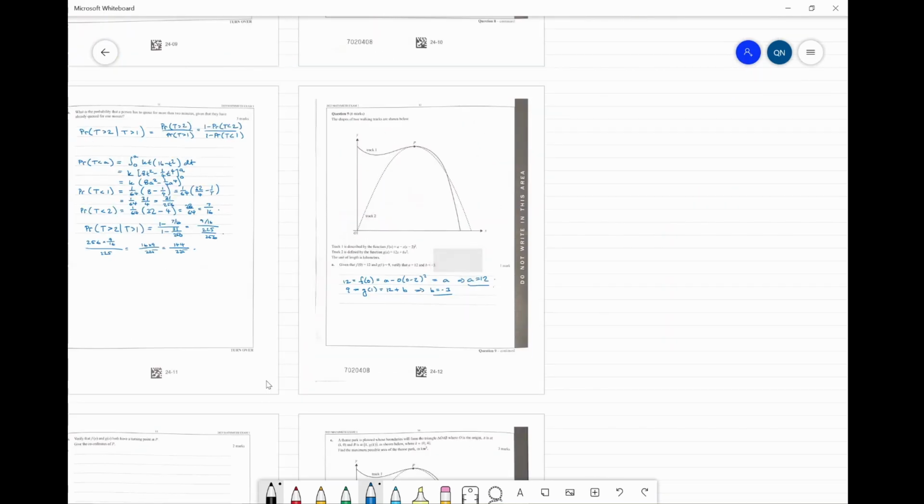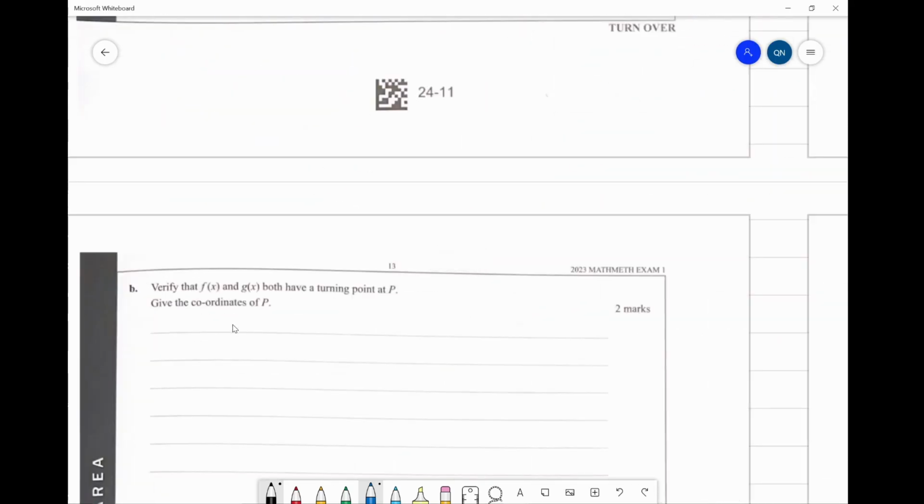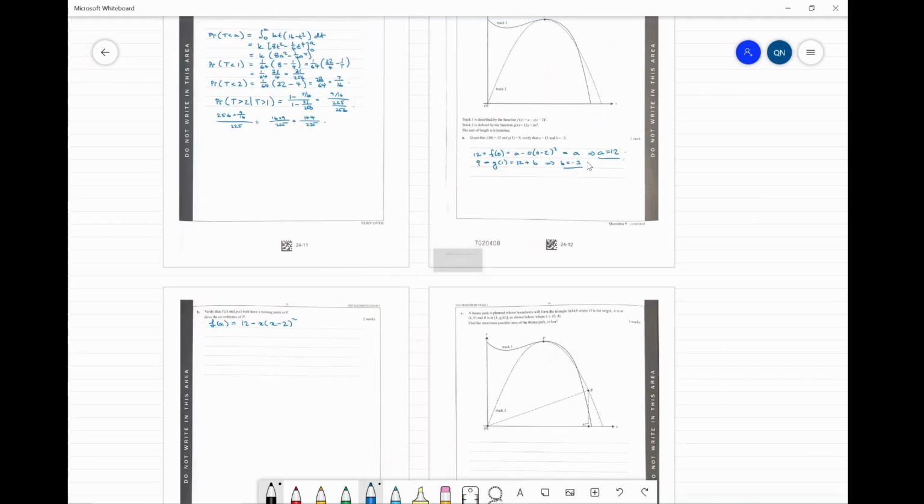So part b, I think this was the turning point question. So we want to verify that f and g both have a turning point at p, and give the coordinates of p. So let's write down the functions f and g. So we know f of x, this was our cubic friends. I think it was 12 minus x minus 2 squared, was it? Let's check, because a was 12.